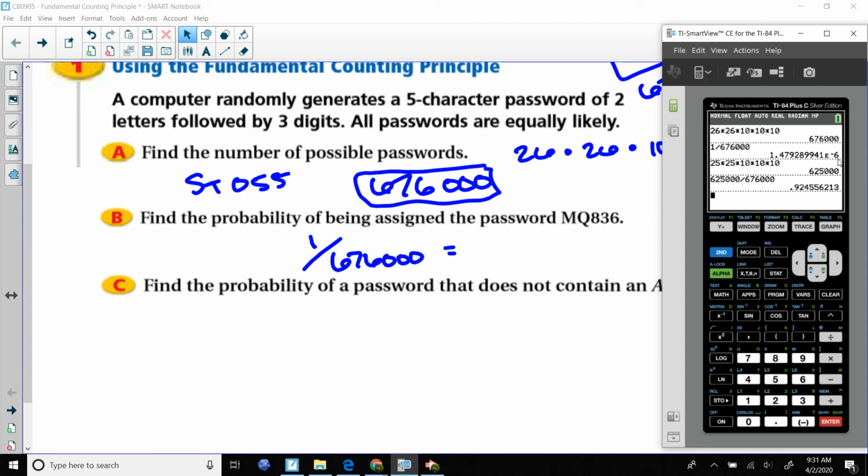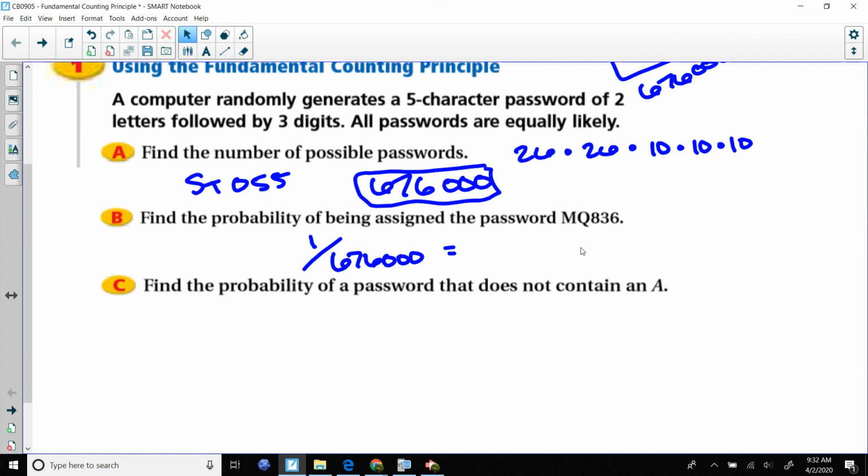If you've noticed on your calculator or on the quizzes, I've been rounding to 2 numbers. So I only want 2 numbers. So this is actually going to be 1.5 e to the -6. Now we've covered e in the past. It's really just 10 to the power of. So this is actually going to be 1.5 times 10 to the power of -6.